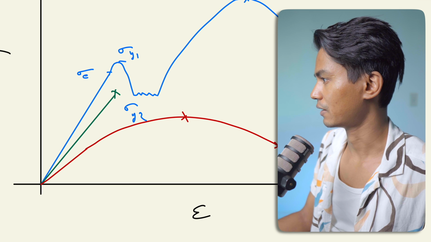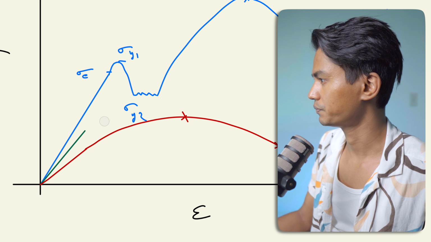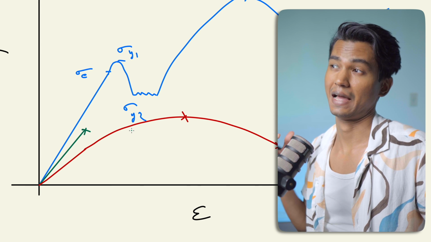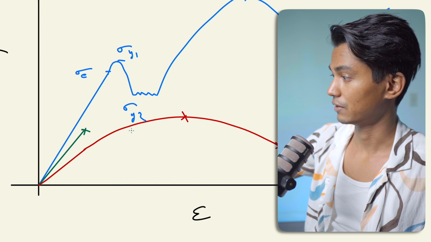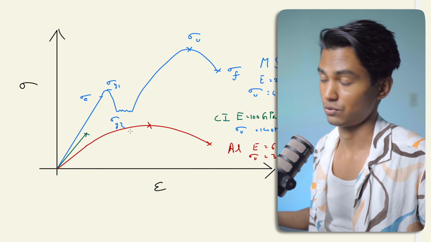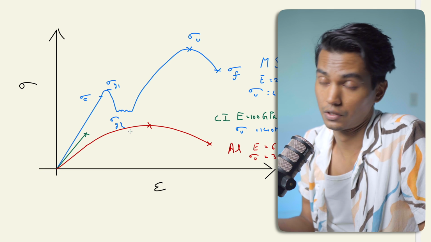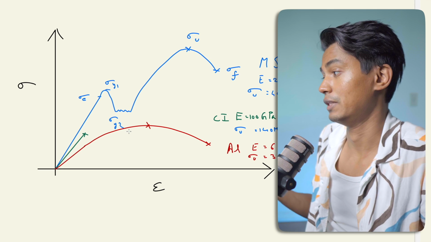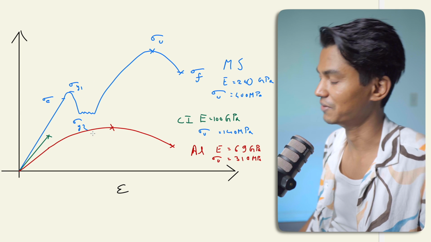So let us say that our cast iron actually went only until this point or so. This is the most accurate way of drawing the three stress-strain curves when your interviewer asks you to. You can do any random stuff, and a lot of times for small interviews even the interviewers won't know, but this is the right way to do it.